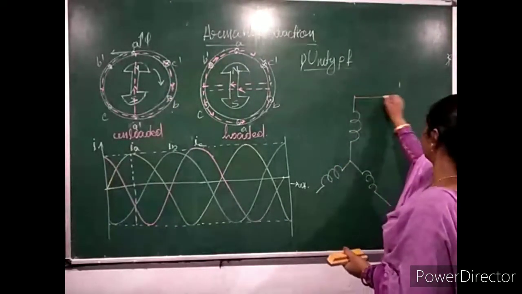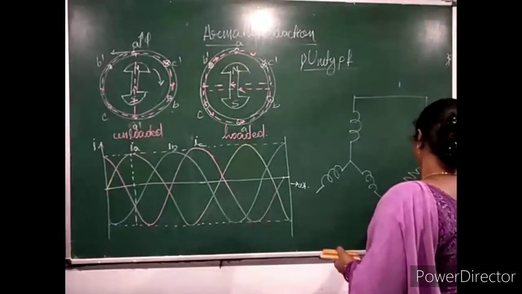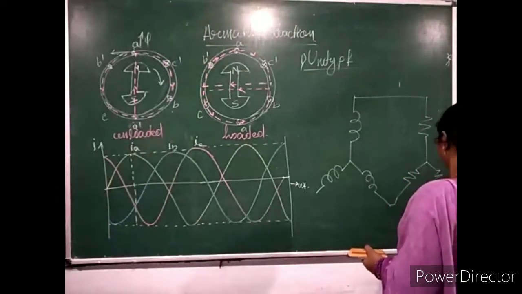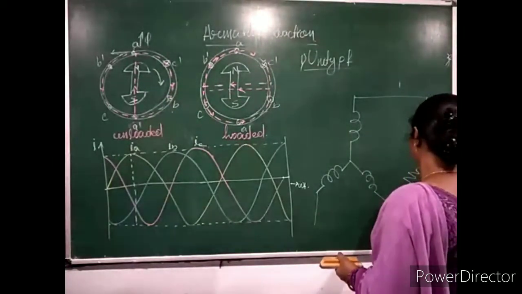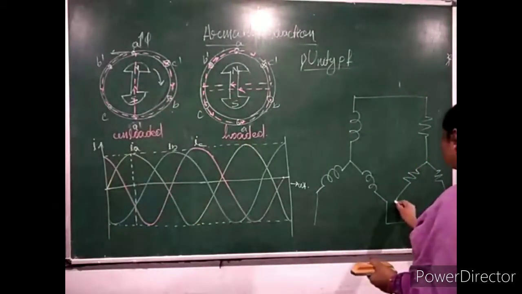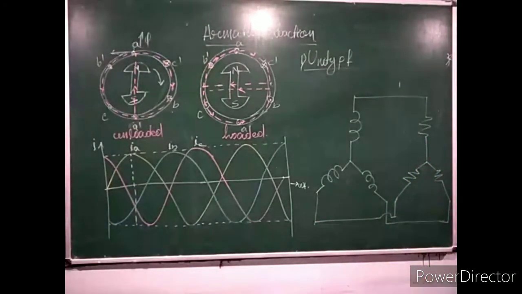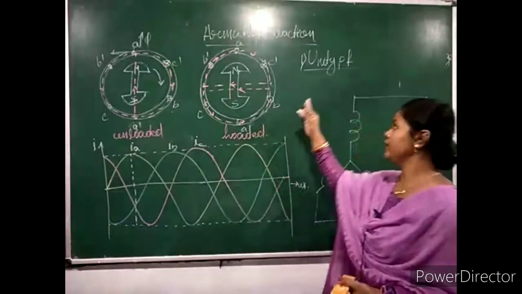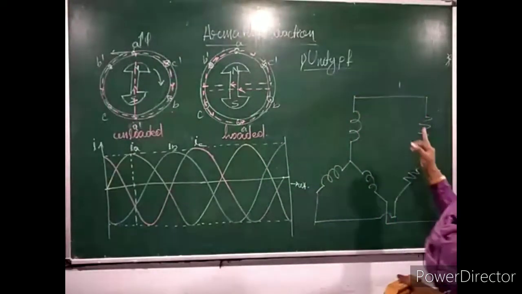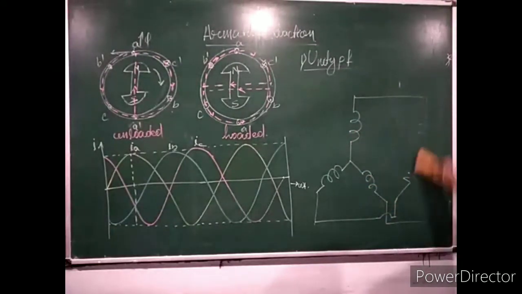So here I connect a resistive load. Suppose this is my loaded alternator. I take power factor as unity. It means the load is resistive. This is the example circuit diagram of a unity power factor load.